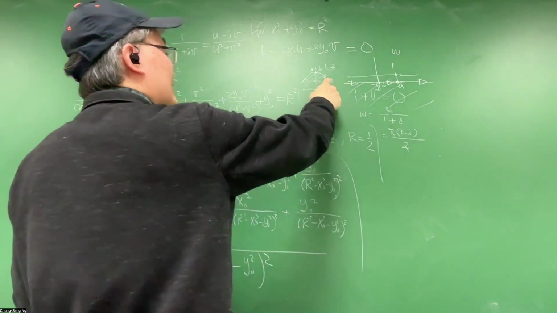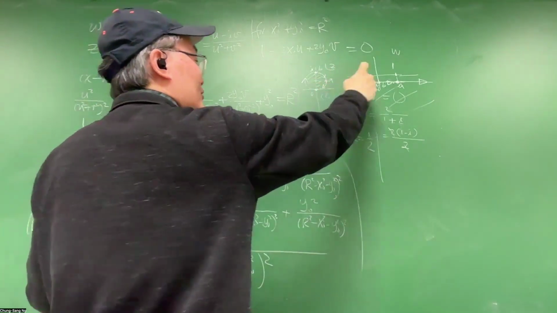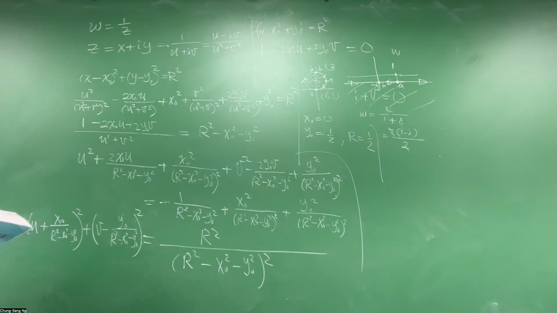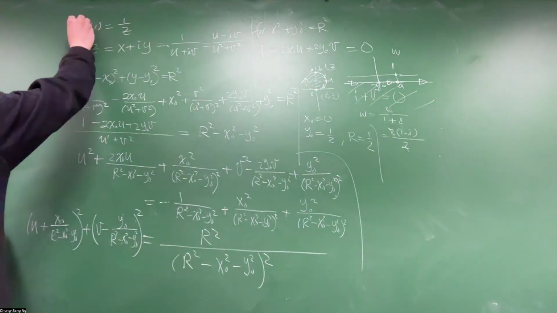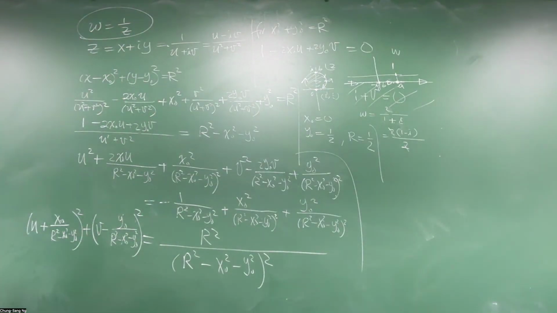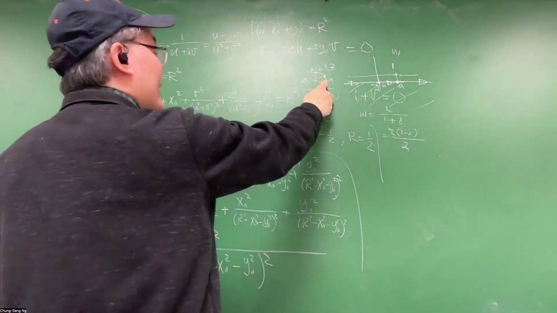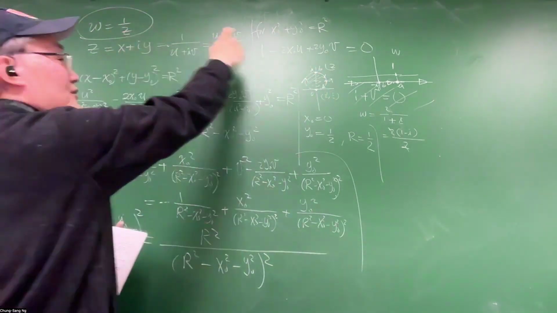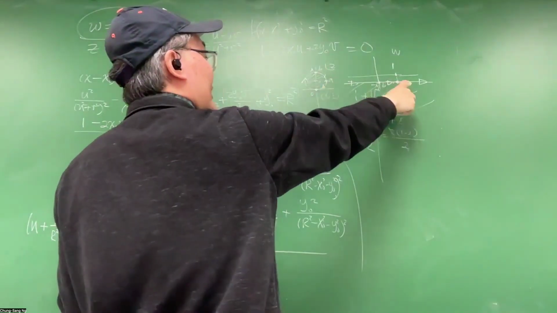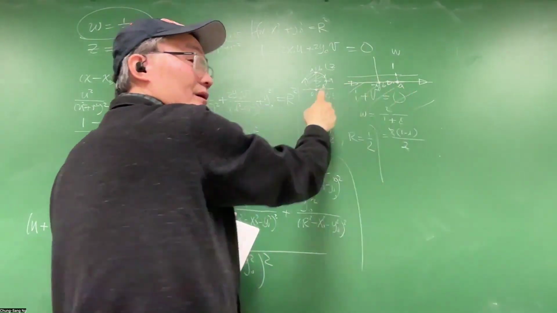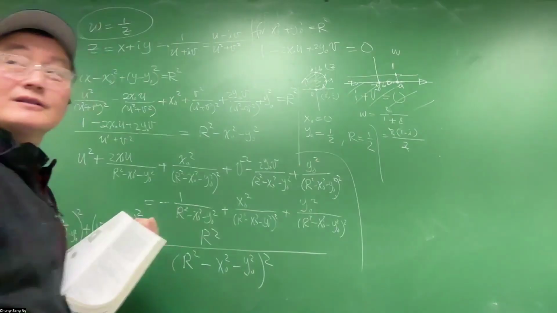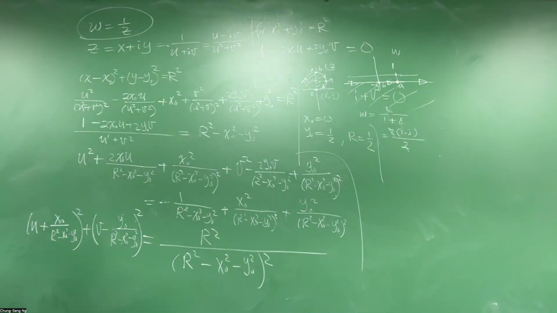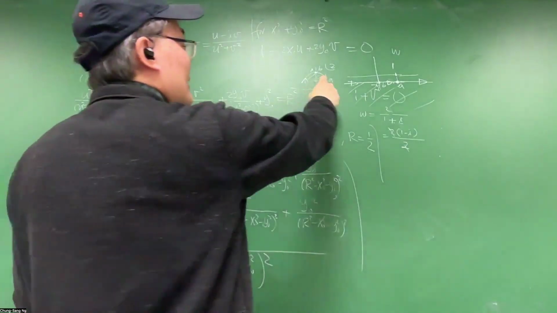You can choose any point, but you determine the point you map to by the relation, by the mapping. You choose a point here, use the mapping, and find out what the W value is on the W plane. This is just an example.